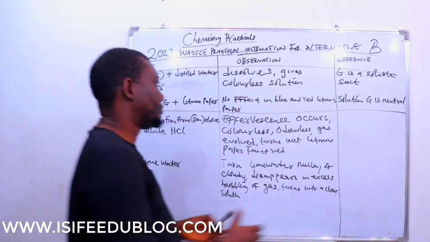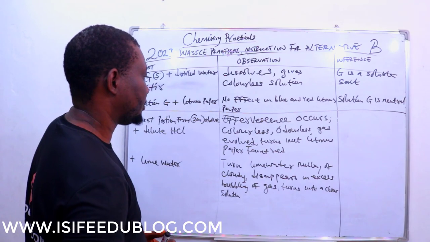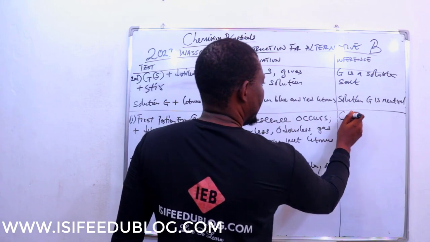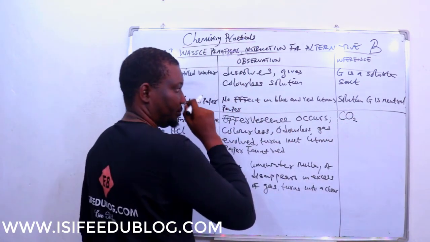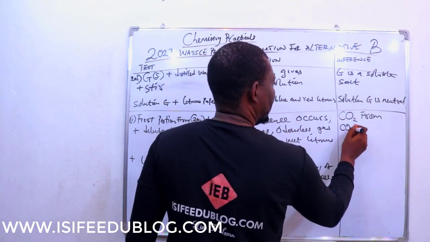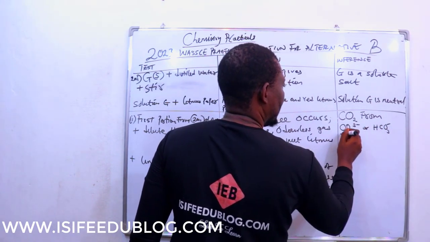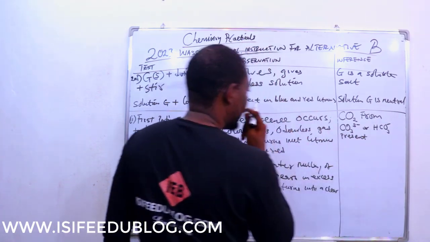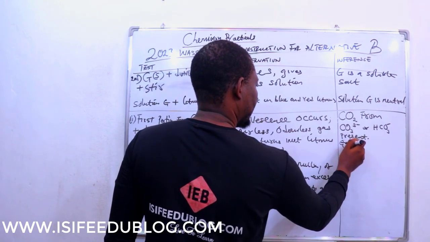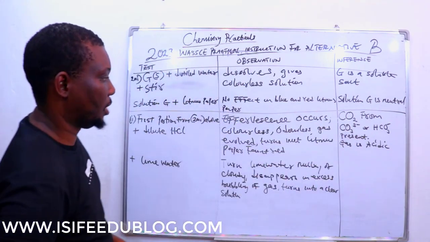Then first of all, the gas was able to turn litmus faint red. Because of this, you cannot say much yet: CO2 from CO3 2 minus or HCO3 minus present. You cannot say the gas is acidic; you must make sure it's CO2.